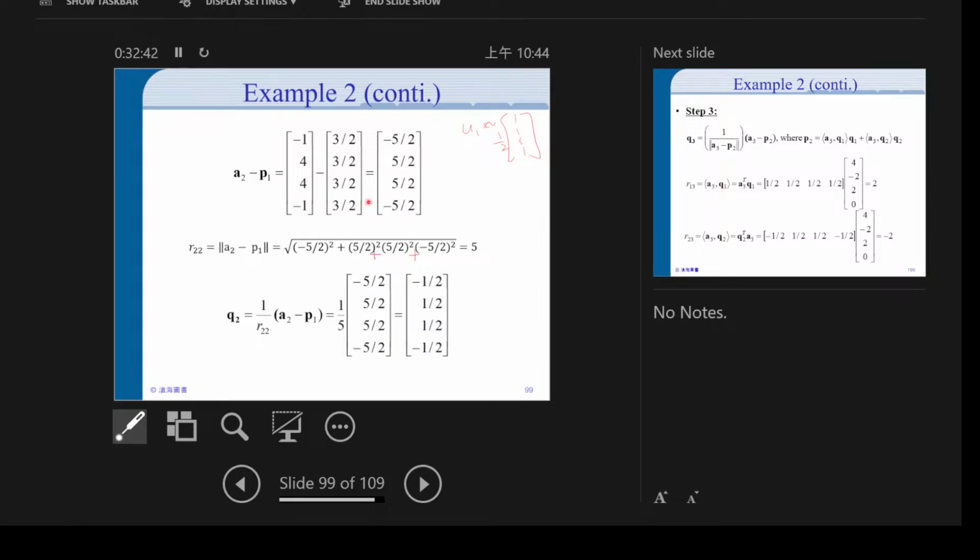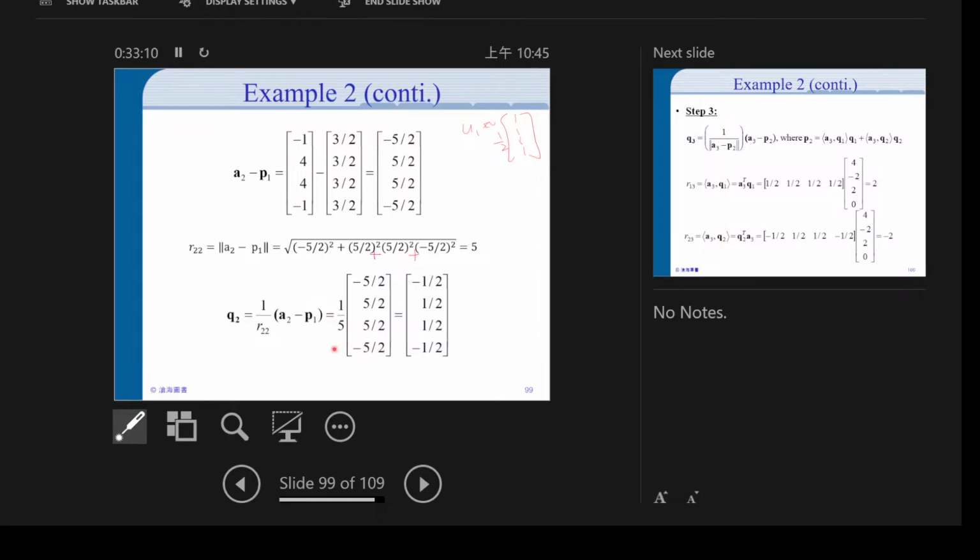Finally we can normalize this vector. It's 4 times 5/2 squared, minus 2 here, so it's the square root of 4 times (5/2) squared, which is 5. So the norm is 5, and you normalize it.